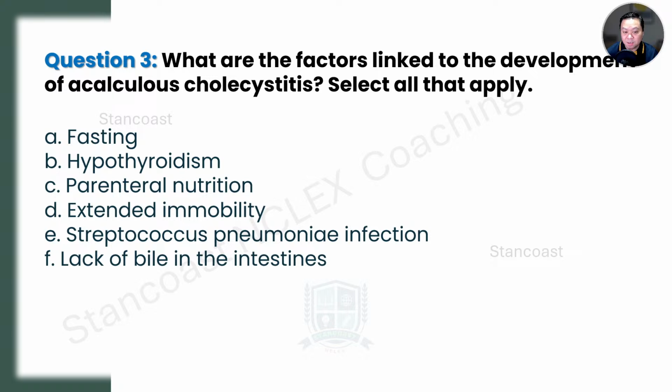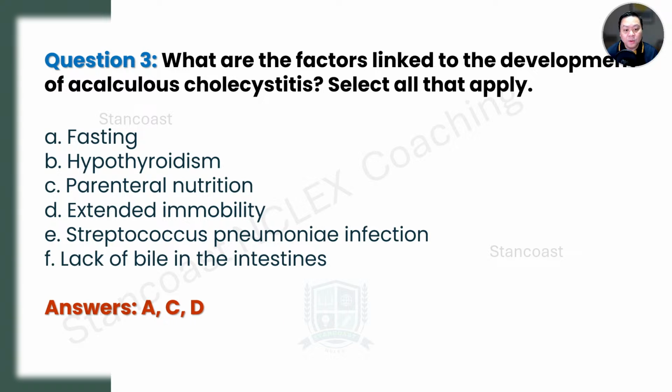So you're going to look for those factors that can contribute to the development of acalculous cholecystitis. So the correct answers here are letters A, C, and D. This is something that can occur whenever the patient is fasting, or if they have been immobile for an extended time, and also if they have been receiving total parenteral nutrition for a while as well.